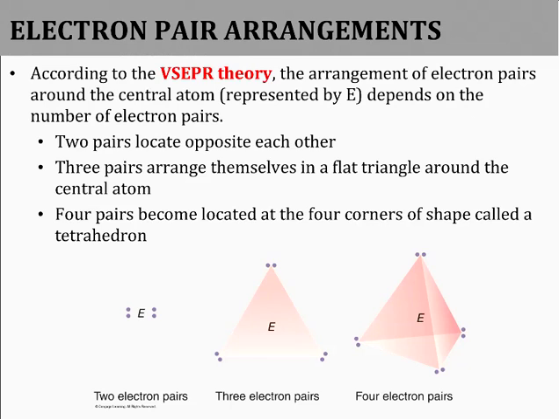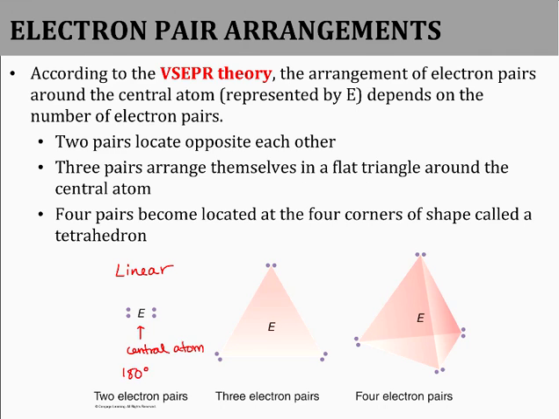Again, we have a linear structure where E is the central atom. And then we have 2 groups, one on each side, and they're going to be as far apart as possible. So they actually will form a 180-degree angle.